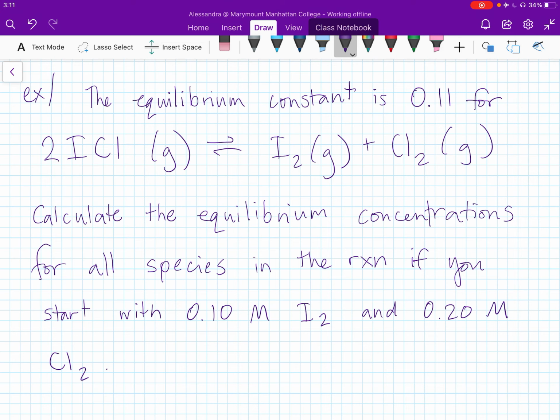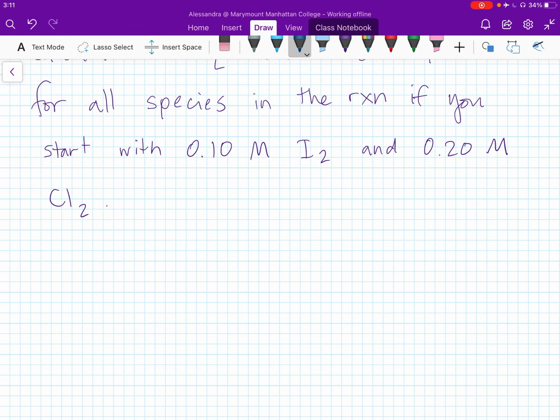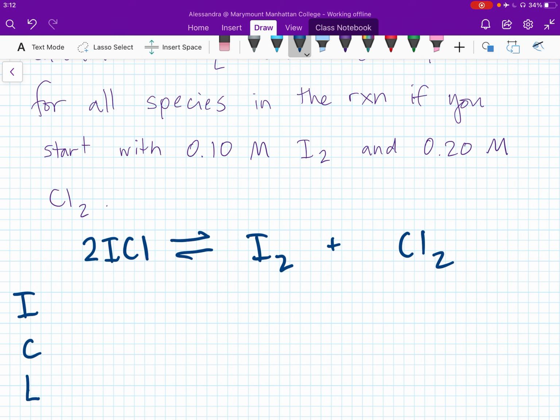So we're starting with only products and we're trying to see what the concentrations are for all of the species at equilibrium. So for this problem, once again, it's appropriate to use an ICE table to organize the information that we have. So I'm going to rewrite the reaction and make an ICE table underneath it so we can organize the concentrations that we're starting with, which are just initial concentrations of iodine and chlorine, and no reactant at all.